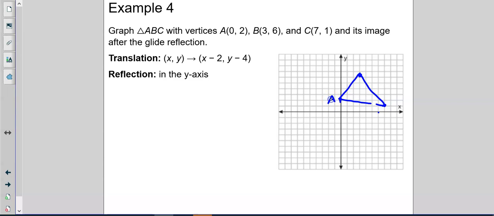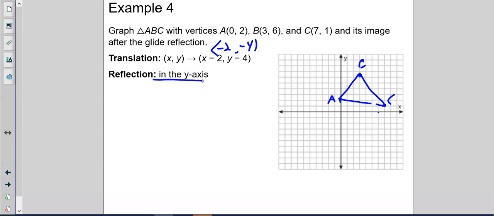So this is A, B, and C. And it says we're going to slide it like so. Here's my instructions, -2, -4. If I wanted to put that in vector form, it would be -2, -4. And then we're going to reflect over the y-axis.